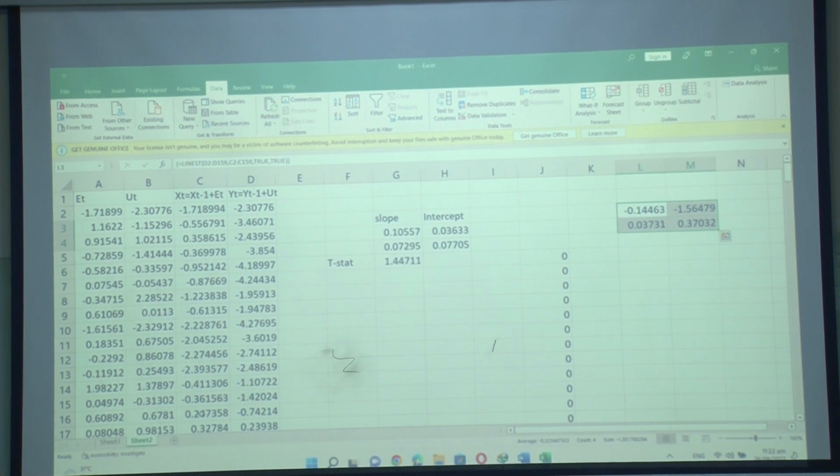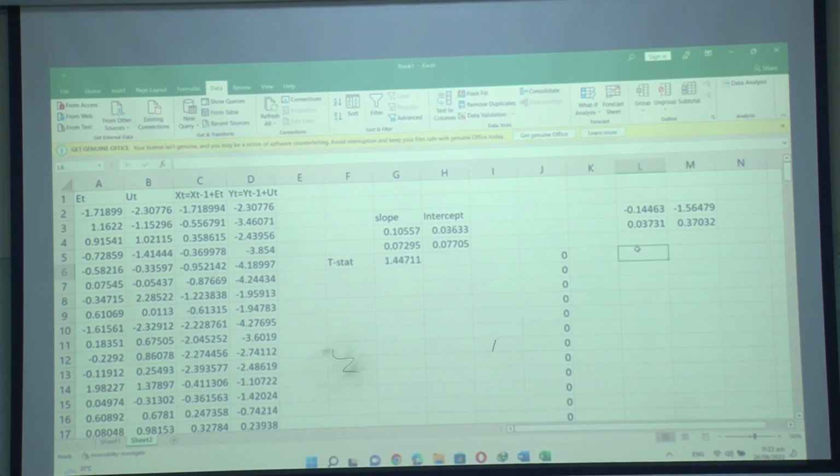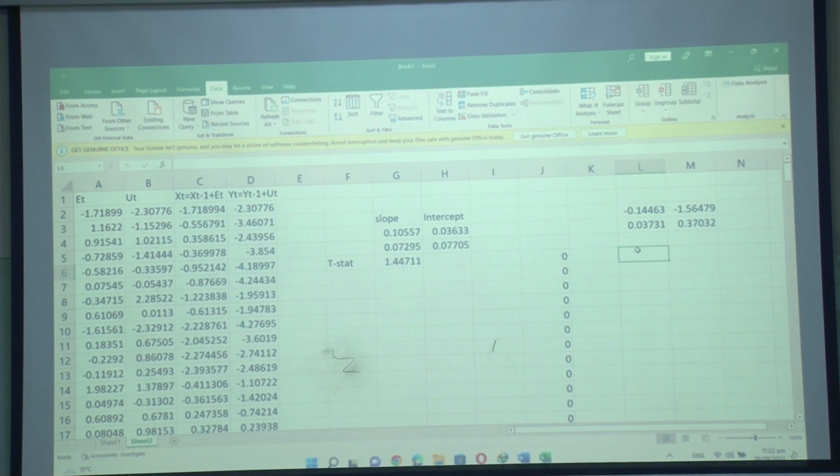Now again you can calculate the t statistics here, equal to the coefficient divided by the standard error.